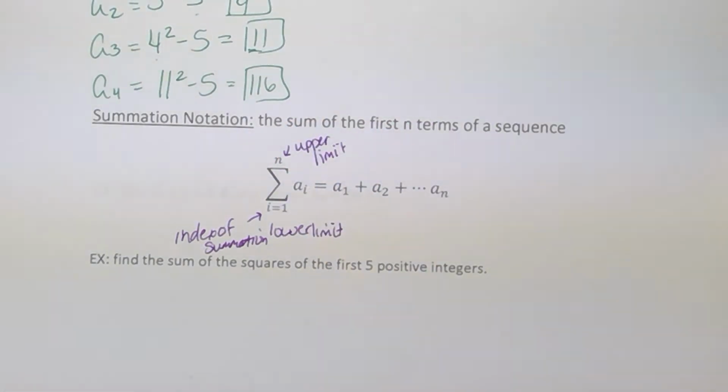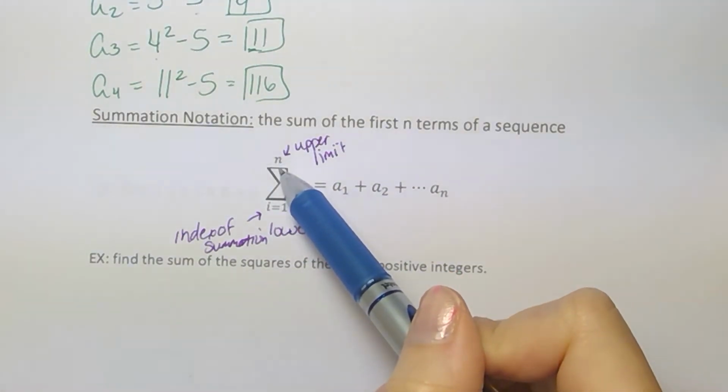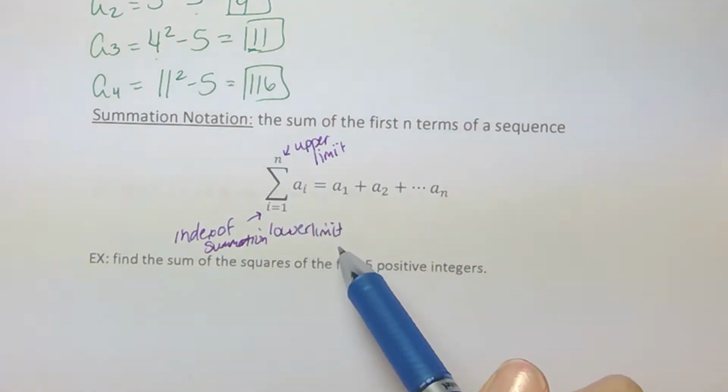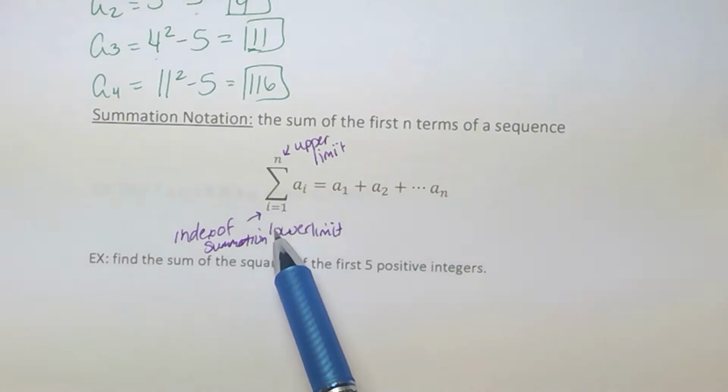Well, our index of summation tells us which terms we are going to sum up. So this gives me my starting place, which term I start with, and this gives me my stopping place, which term I end with. My index of summation does not have to start with the first term, so make sure you pay attention to that.